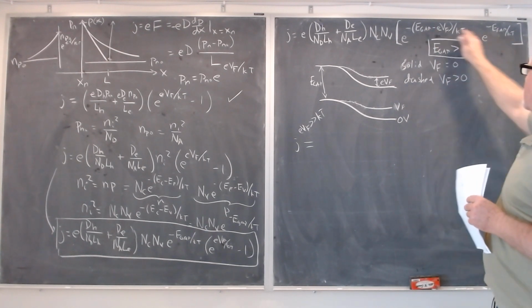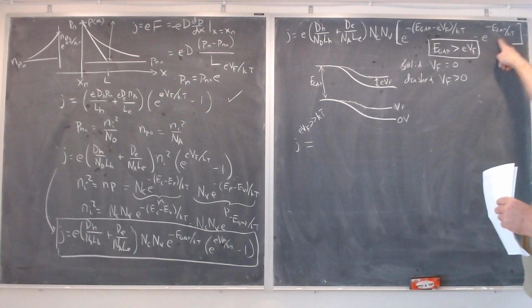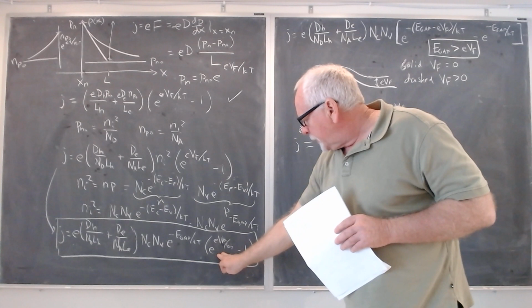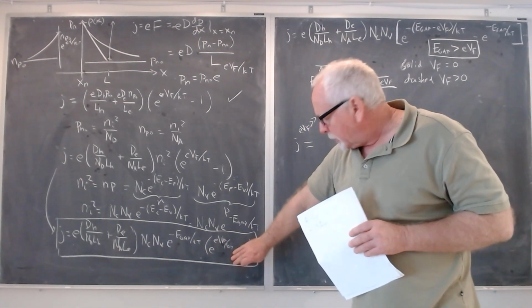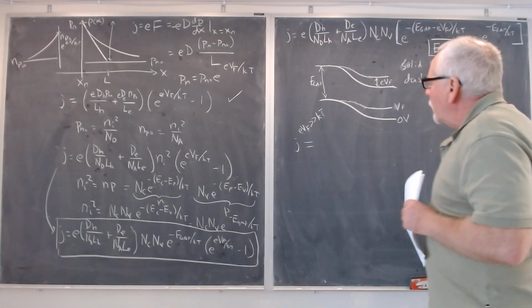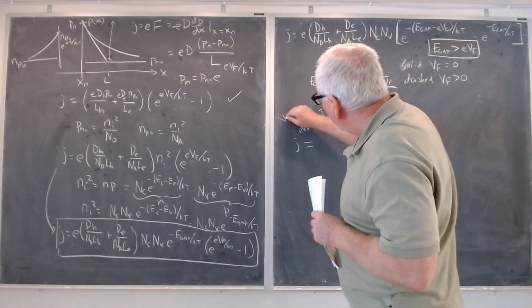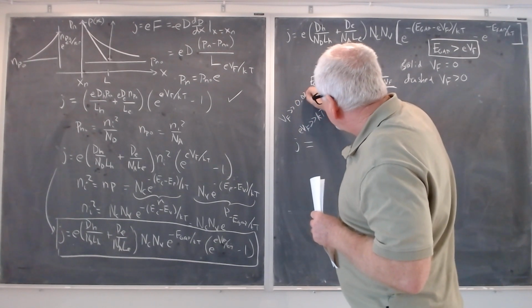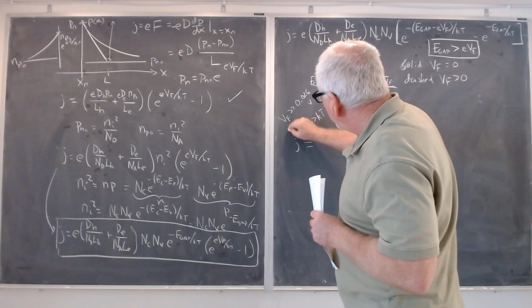So it's e to a much smaller number, and so basically this becomes much larger than that. The other way to see it is back here: if EVF is much bigger than KT, then this becomes much bigger than 1, and we can ignore the 1. Now, by the way, when does that happen? Well, that would happen when the voltage was much bigger than 0.026 volts at 300 Kelvin.